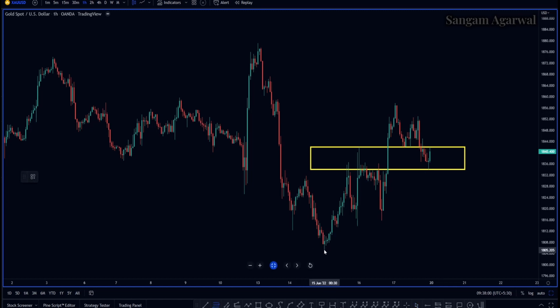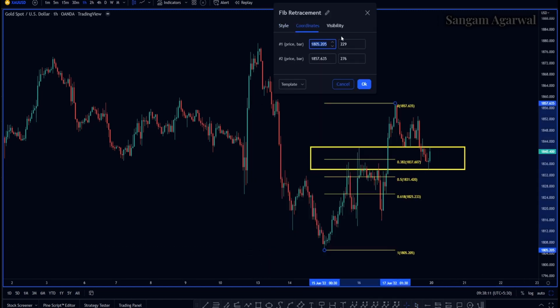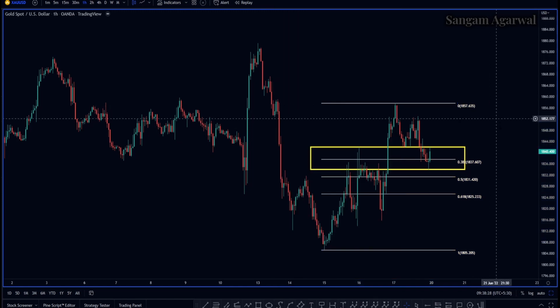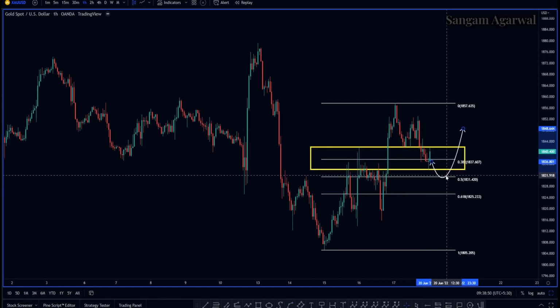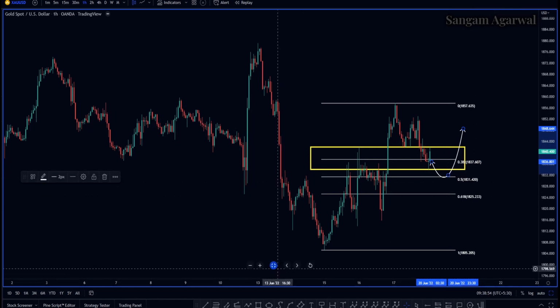And if you draw a retracement, then you can see price is testing a support zone with a hammer candlestick, and it has made a 38% retracement. And if it goes down again, then the next target will be the 50% retracement at 1831.